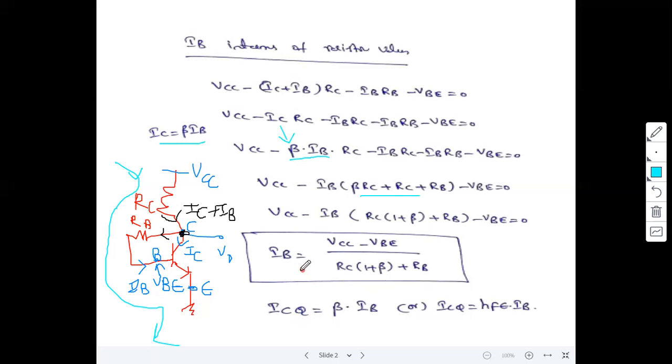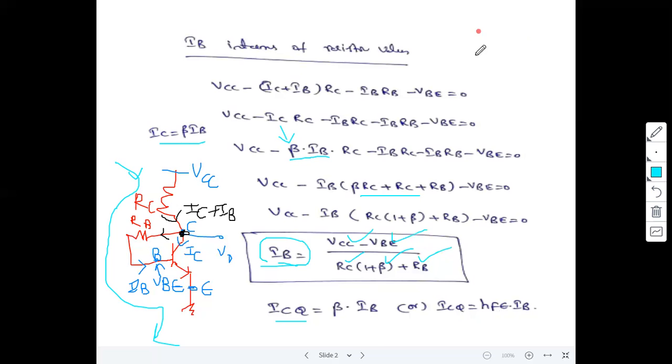Once you know IB, the base current is fixed. Observe: VCC is fixed, VBE is fixed, RC is fixed, and for a given transistor beta is also fixed, RB is also fixed, so the base current IB is fixed. Now ICQ is equal to beta times IB, or HFE times IB.